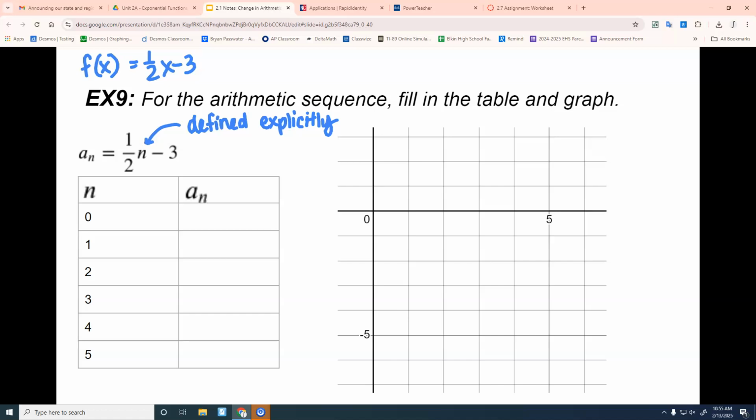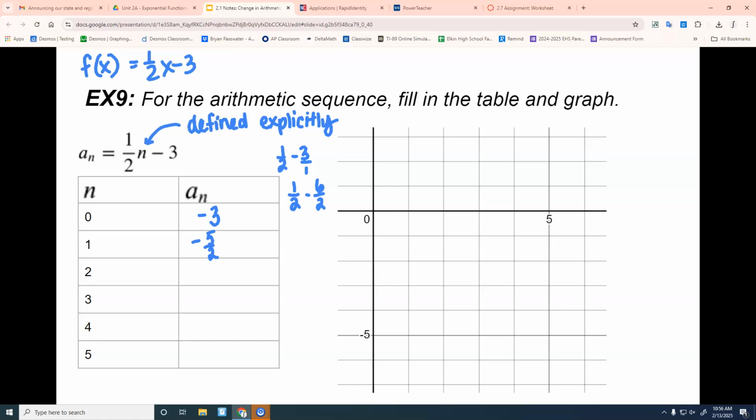The difference is whenever it's a sequence, we can only plug in whole numbers for that. So if I plug in 0 right here, I'm just going to get -3. If I plug in 1, I'm going to get 1/2 times 1 minus 3. If I want to subtract here, I need common denominators. I'm going to get 1/2 minus 6/2. I will get 5/2 right here, and it will be negative. Or if you want to do -2.5, that's equivalent.